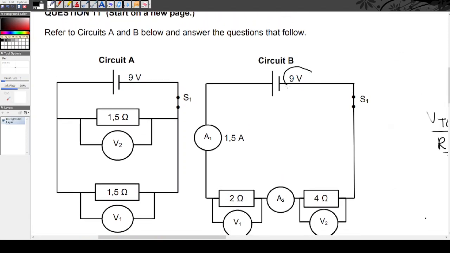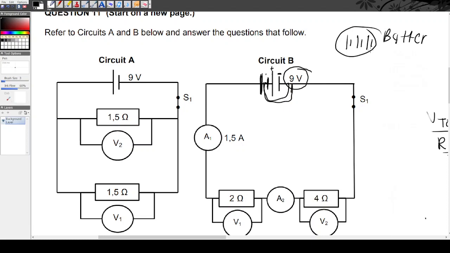If we were given 9 volts placed next to the battery or a cell, this is a cell, it's not a battery, because there's only one positive terminal and one negative terminal. There's no other negative and positive terminal. So this is a cell. But if there are 2 or more cells, they make up a battery. This is a battery.